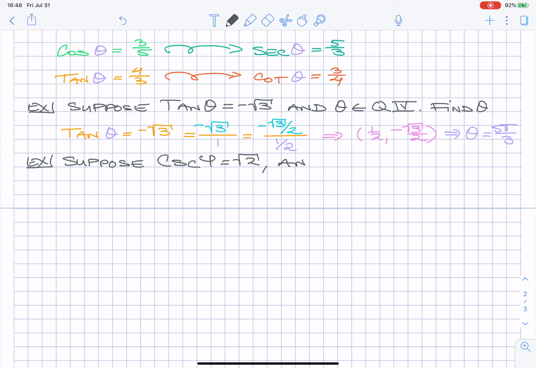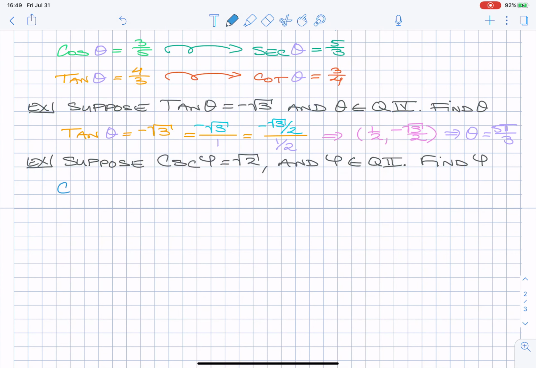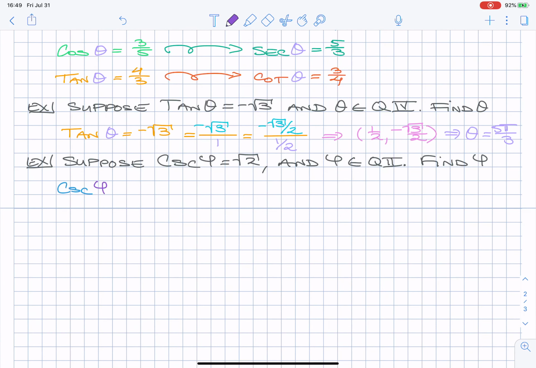And phi, let's have phi be in quadrant 2. So find phi. Okay, so I've got cosecant of phi is the square root of 2.